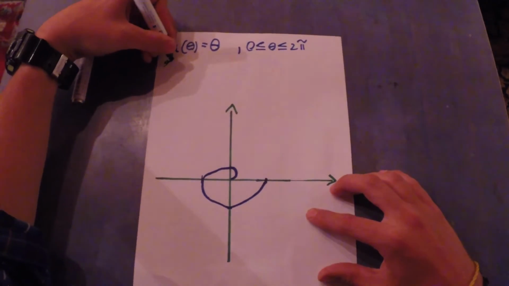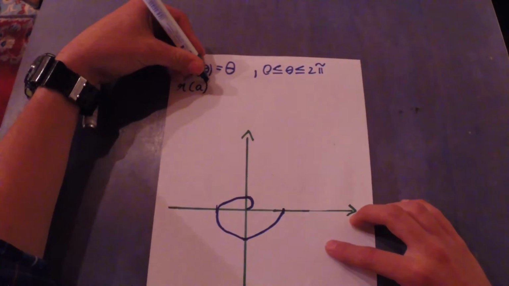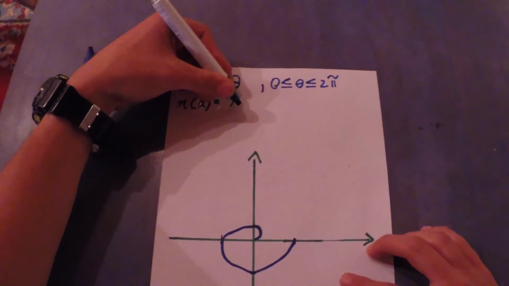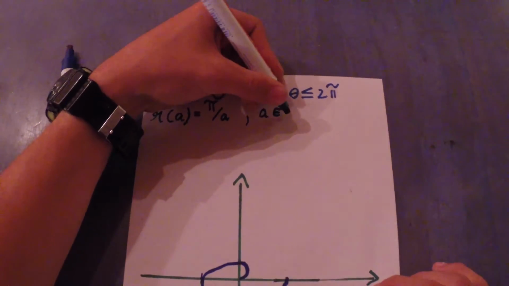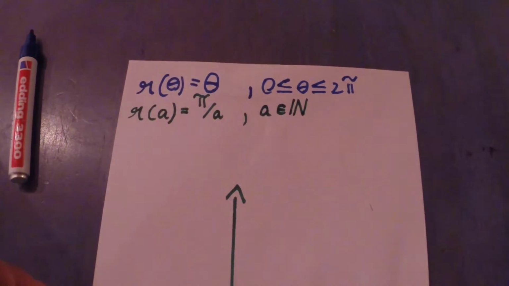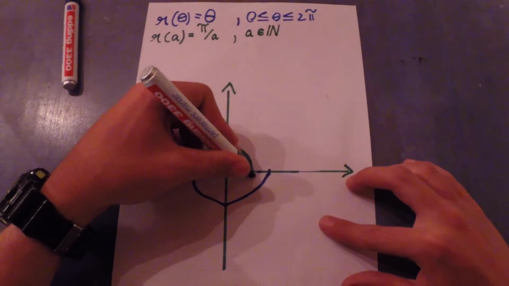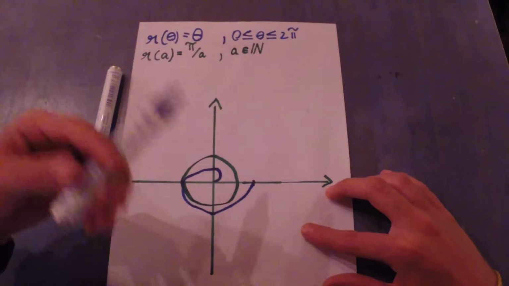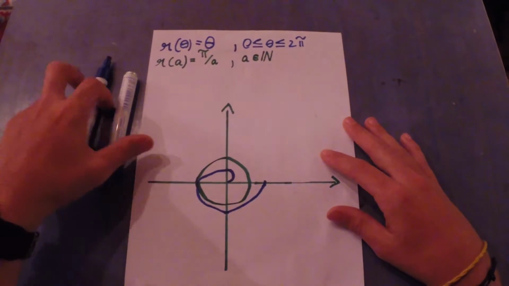Now I'm going to take another function, this time with a, which is theta over a, where a is a natural number. For a equal to 1, we're just going to have a circle with a radius of pi. The next one is going to be pi over 2, and the list will just go on and on.